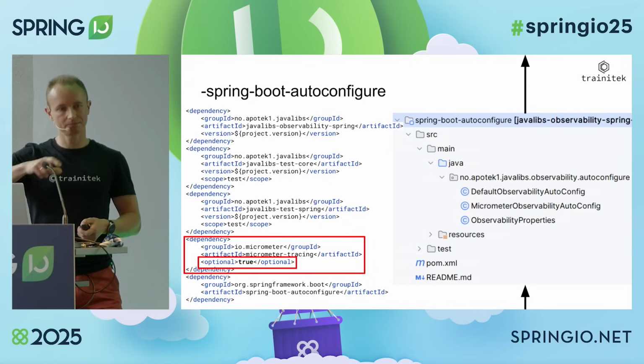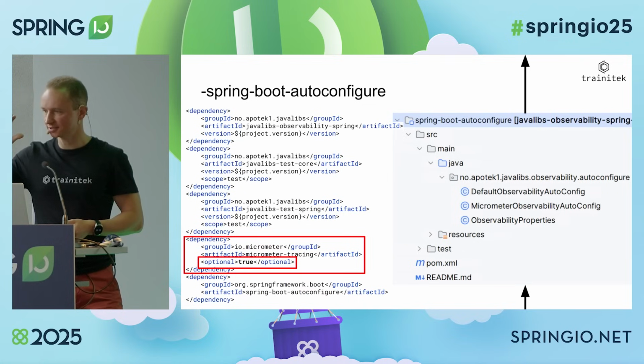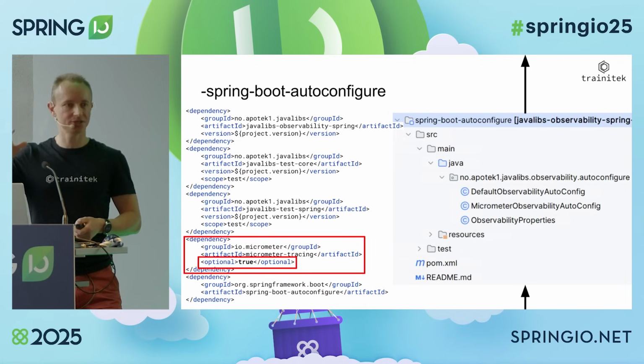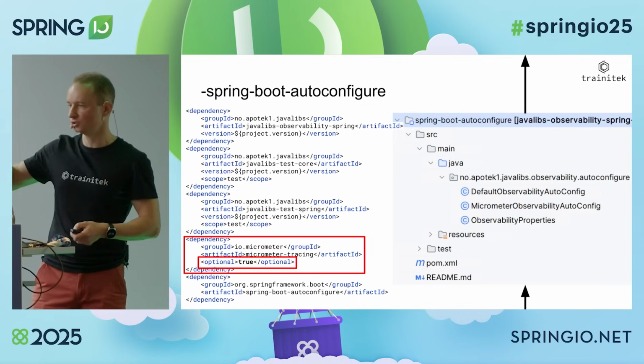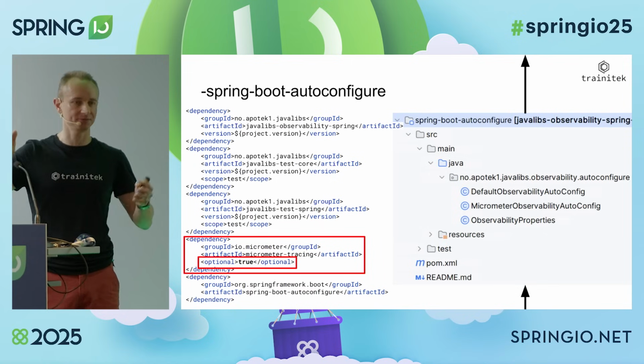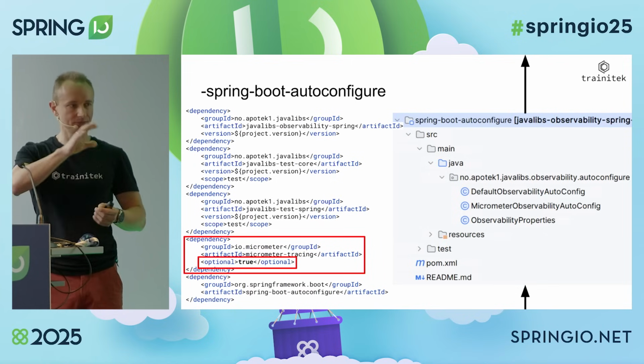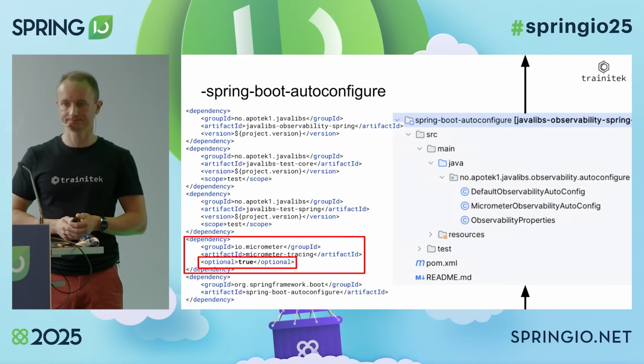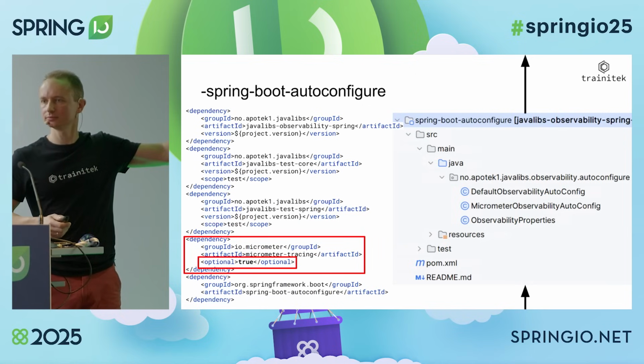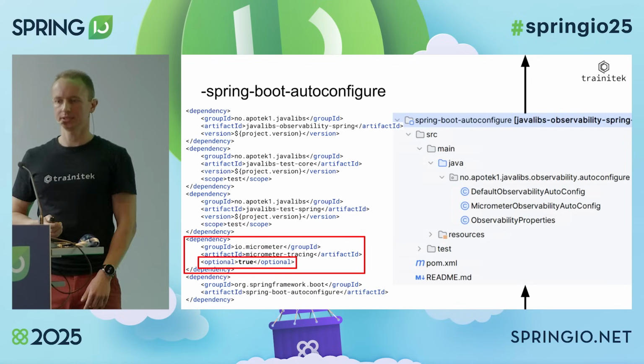In other cases, maybe something else. Or maybe just a default implementation that just generates, for example, a new trace ID all the time. Right? So those dependencies should be optional. Was it clear enough? All right, good.